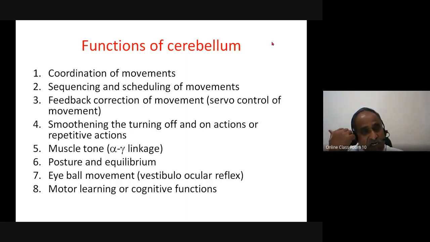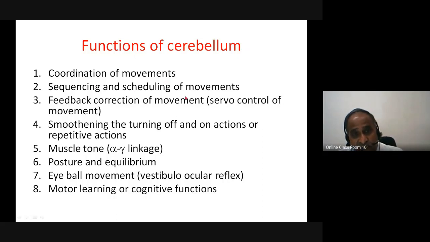If I am extending my elbow, it would come in a stepwise manner, but when we perform, it is a smooth movement. In the absence of cerebellar activity, this is broken. So the entire group of muscle activity is coordinated. That is the coordination of movements.